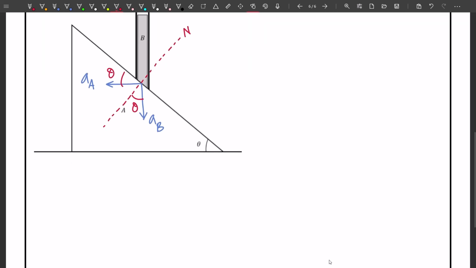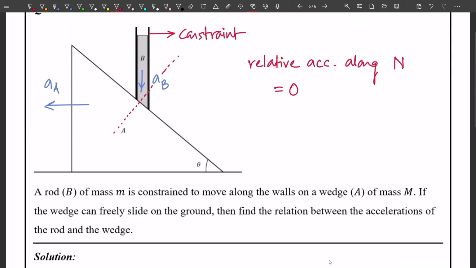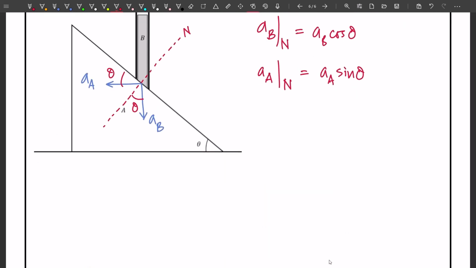Now acceleration of rod B along the normal would simply be AB cos theta, right? And acceleration of wedge A along the normal would be AA sin theta, right? Now we know that relative acceleration along the normal should be 0, because they will always stay in contact with each other. So we can write the relative acceleration, that is acceleration of A with respect to B or B with respect to A along the normal, should be 0.